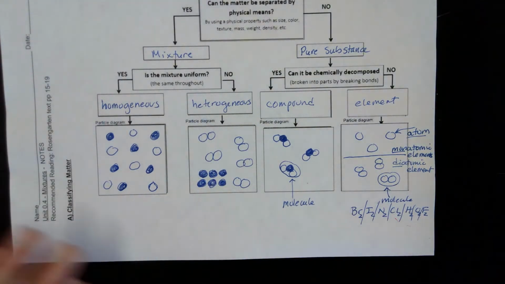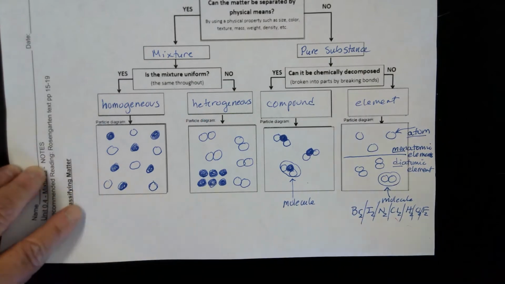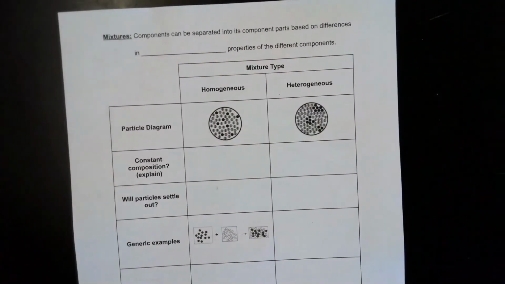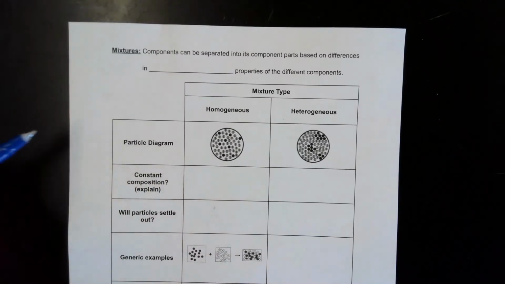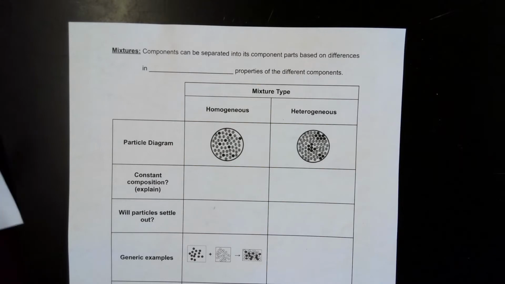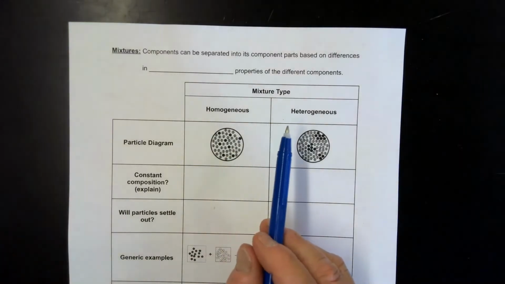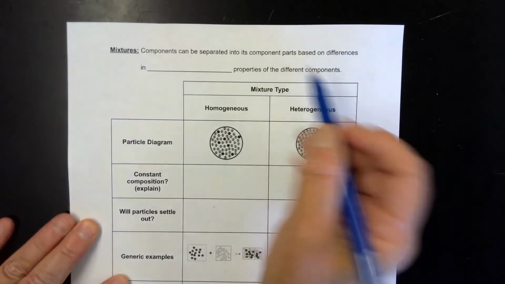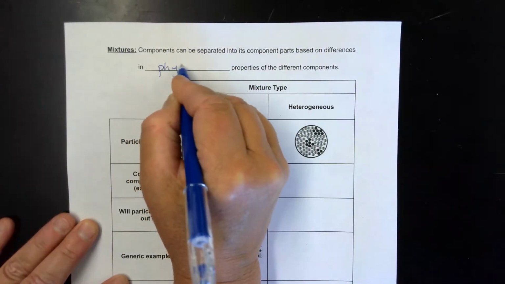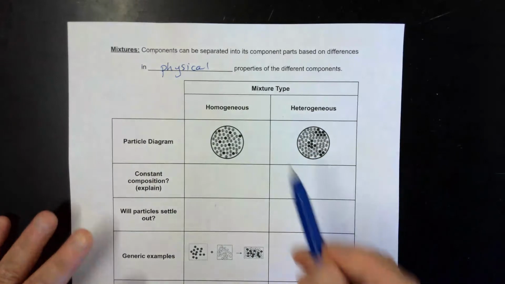All right, so let's talk a little bit more about this. Let's go to the next page. We have a definition up here that says mixtures have components that can be separated into their component parts based on differences in the physical properties of the different components.